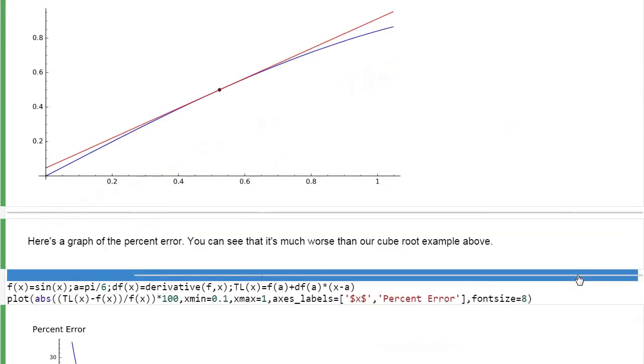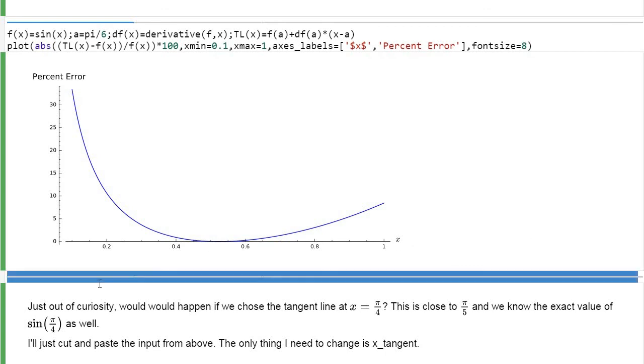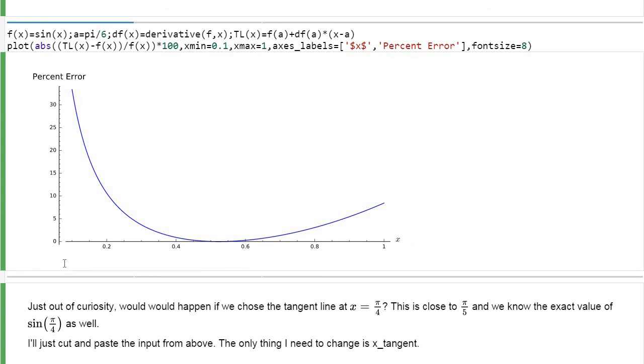So the tangent line is not going to be great for very long. Here's a graph of the percent error, and again, compare this to what we had with the cube root. Remember, with the cube root, my percent error was less than 1% when I went up to 7 units away. So I was at 27 and I went out to 34 and down to 20, and I was less than 1%.